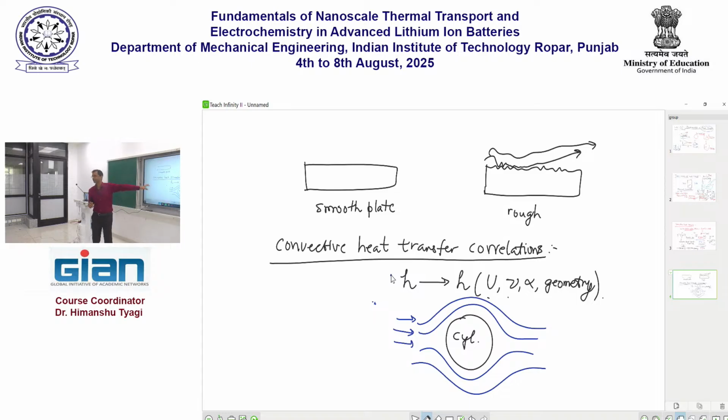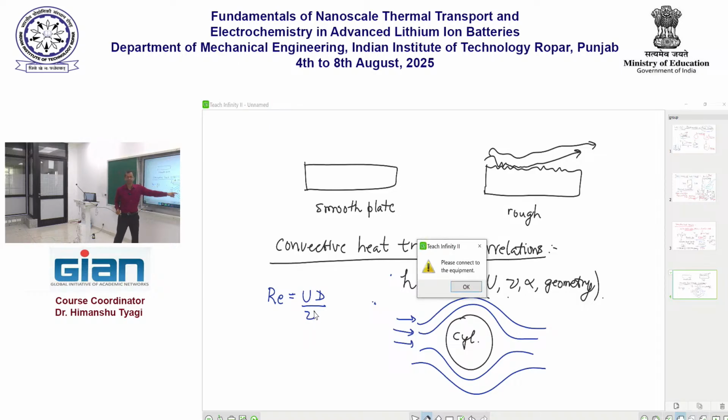In this world, in fact, we commonly use non-dimensional numbers. And those of you who have taken a class in heat transfer or fluid mechanics will know that one of the most common non-dimensional numbers here is the Reynolds number, which is given by Re = ud/nu. u is the velocity, d is the diameter of the cylinder, and nu is the viscosity of the air that blows over it.